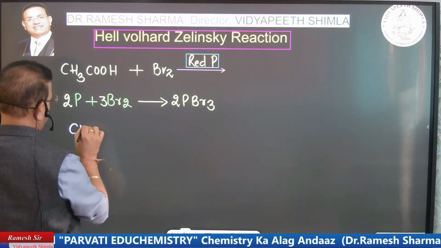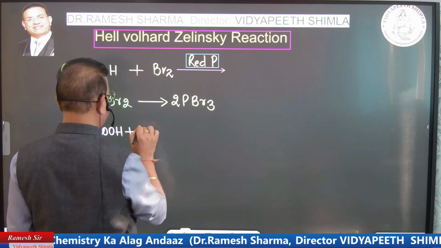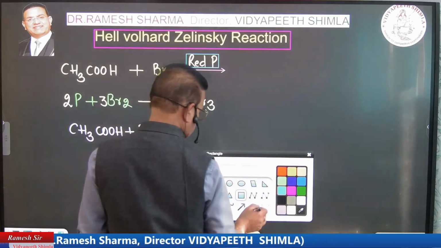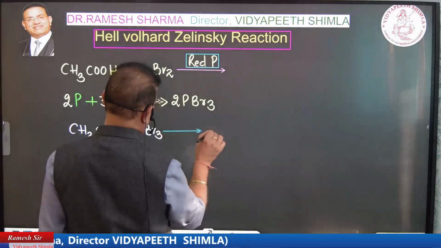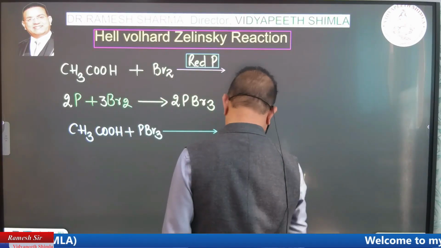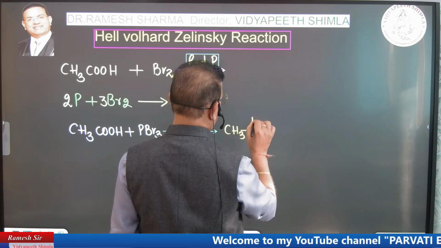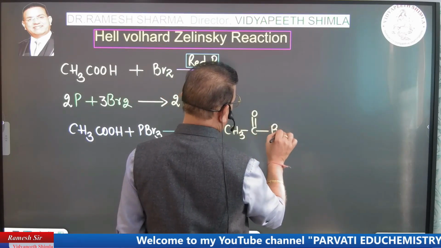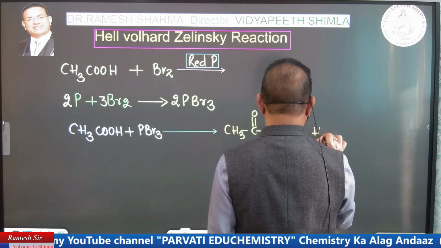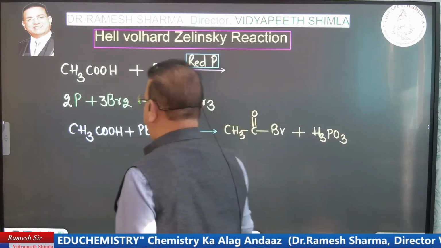This PBr3 then reacts with acetic acid, so as to give rise to ethanoyl bromide plus H3PO3.